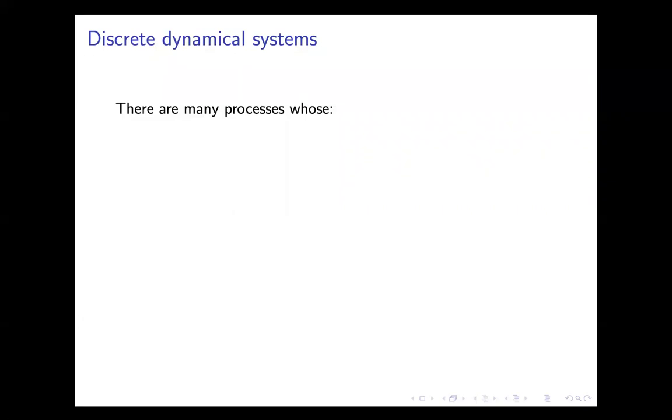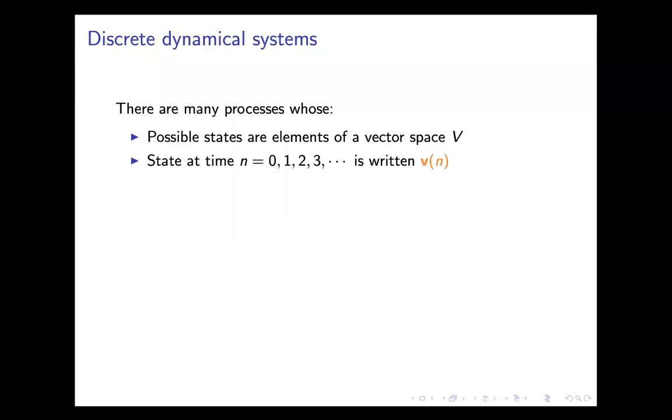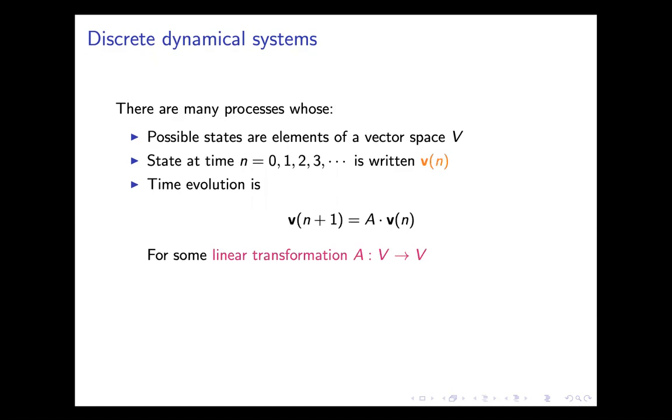Another example: there are many processes whose possible states are elements of a vector space. The state at time n equals 0, 1, 2, 3, and so on is written as V_n. Then we have time evolution, which is discrete, so we have the moment n and then the moment n+1, and there's a linear transformation, as in the example before.